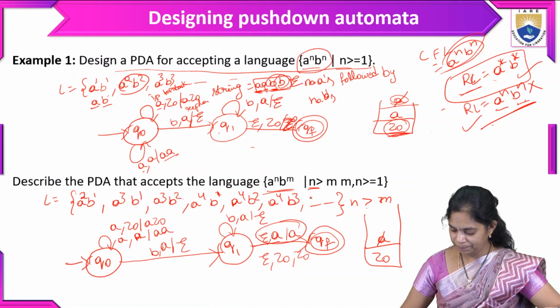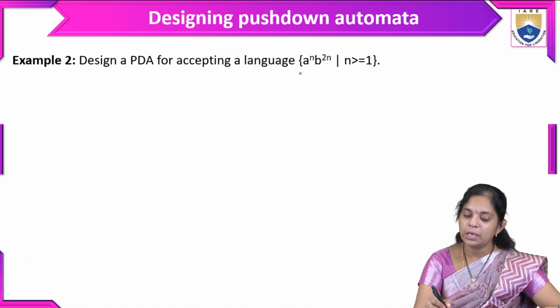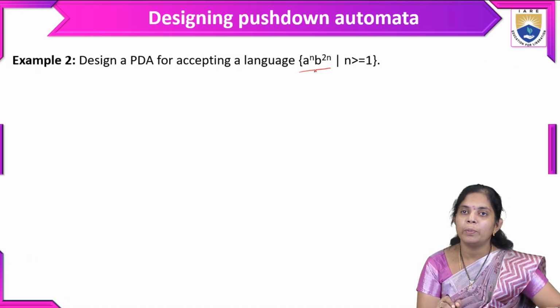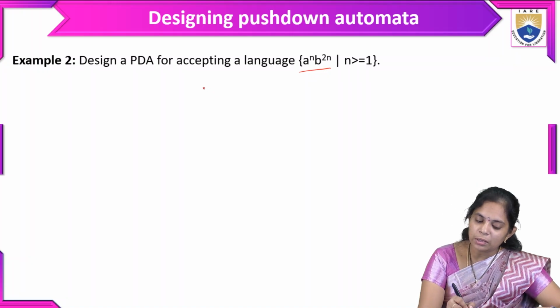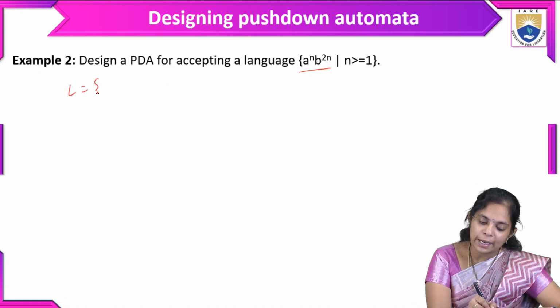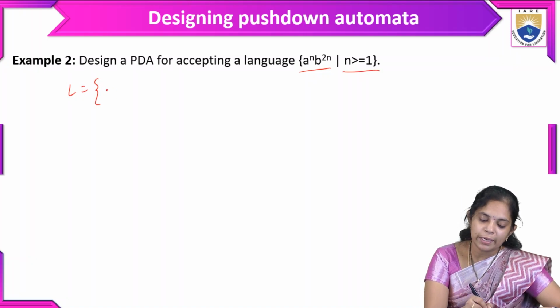And coming to another example, here is the condition: number of A's followed by two times the number of B's. So writing the language, here n is greater than or equal to 1. So we will write the language.